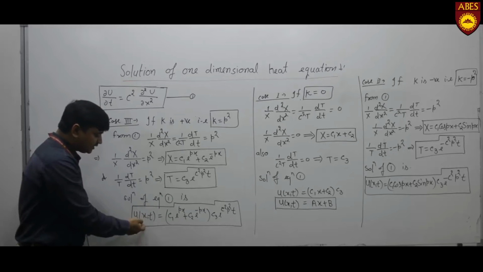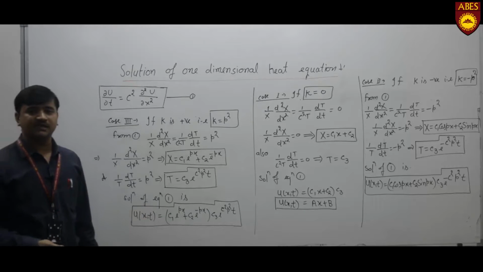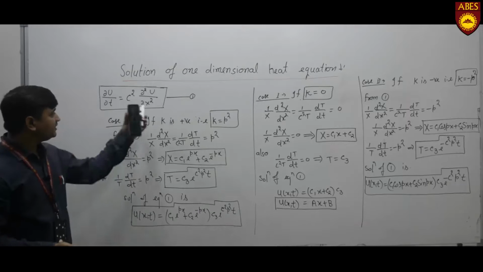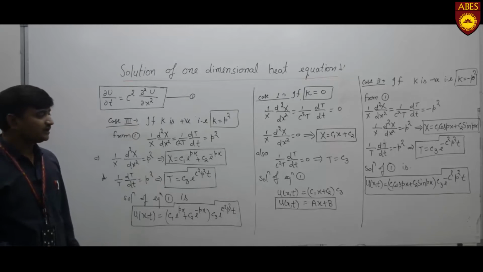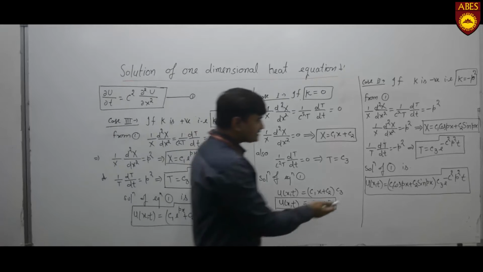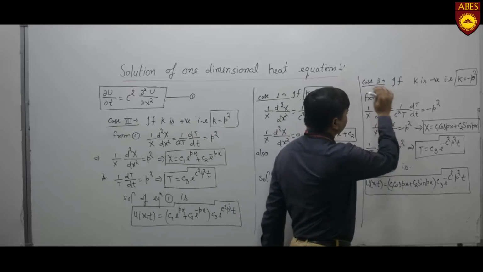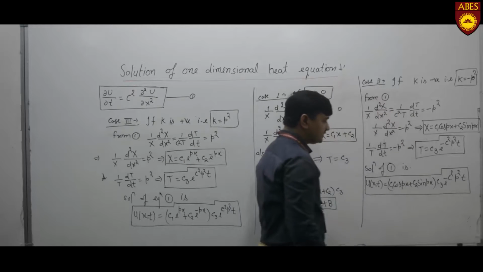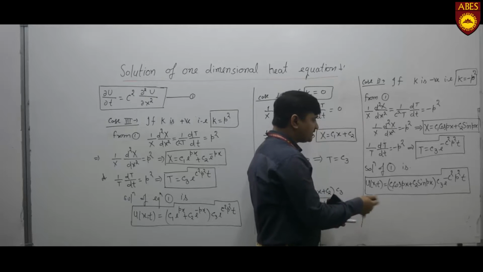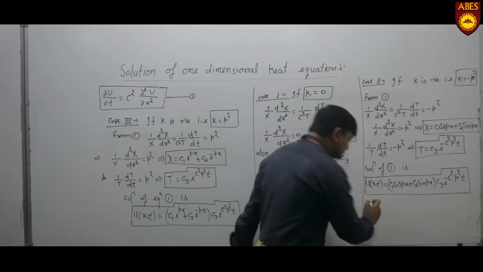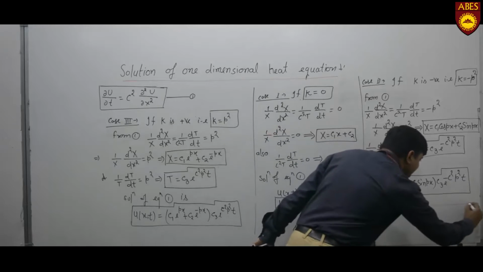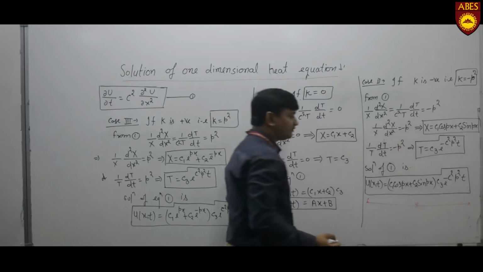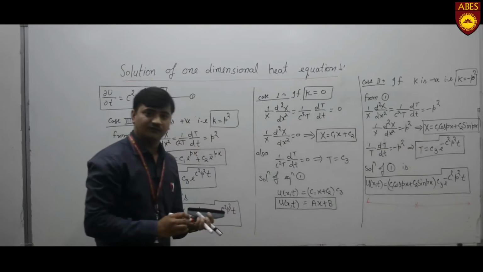So solution number 3 may also not be taken as the appropriate solution for the given heat equation. Hence we can consider the solution corresponding to case number 2 as the solution of the one-dimensional heat equation, as it satisfies the physical nature of heat flow.